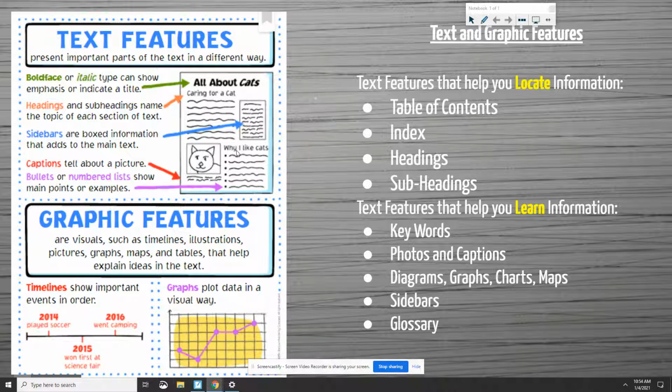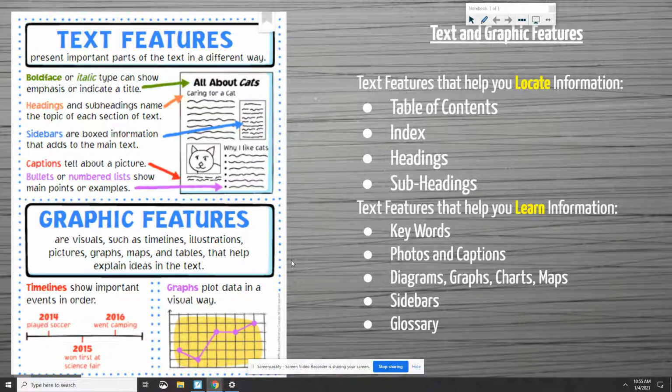Sometimes they're going to put bullets or numbered lists so that you have just short information in order. And then graphic features are those that are visual, so things that you can see like a timeline, a graph or a photograph or a table, those things that are visual and not necessarily words.